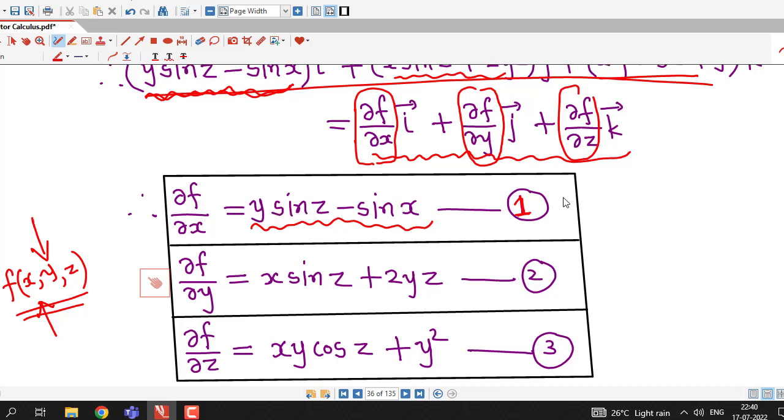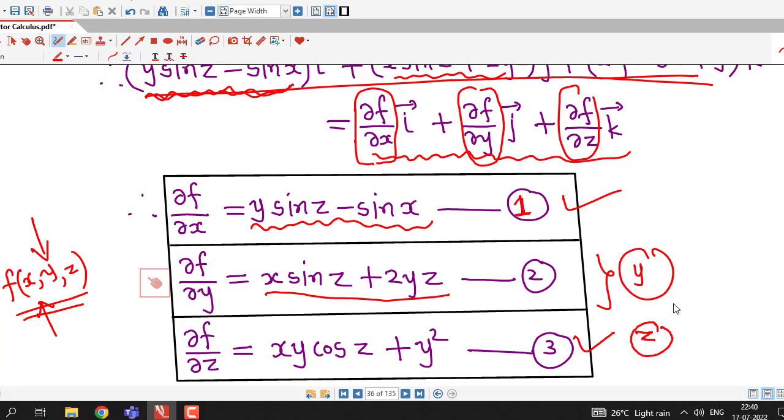So I can start with equation 1 by integrating with respect to x, and if I wish I can start with equation 2 also. If I start with equation 2, I have to integrate with respect to y, and if I wish to start with equation 3, I have to integrate with respect to z. So whenever we are integrating with respect to one variable, we will consider remaining two variables as constant.